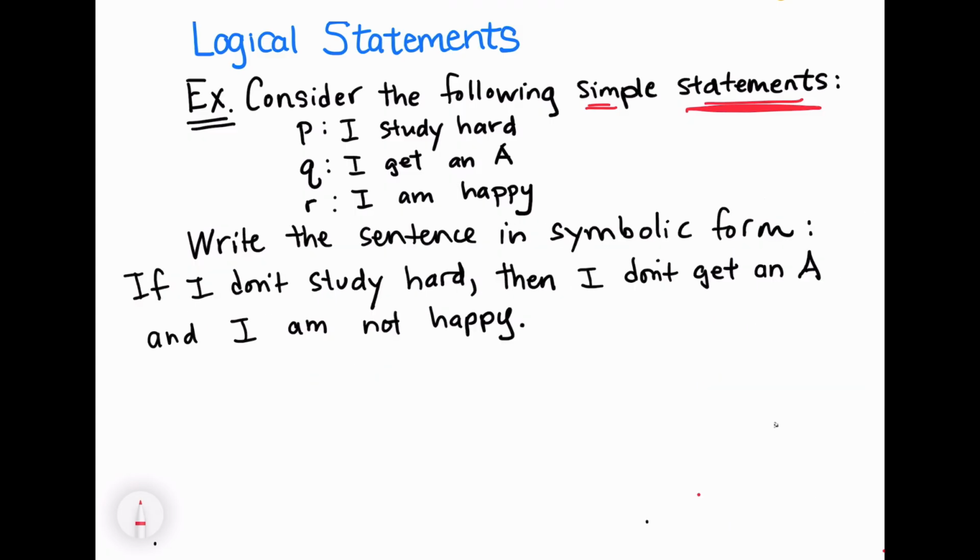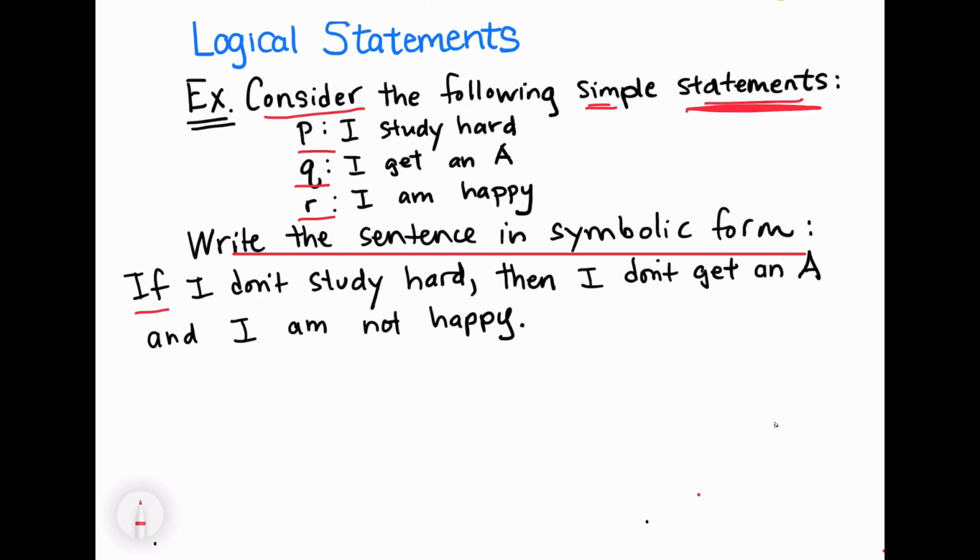So here's another example for you to work out. We have the same three statements, P, Q, and R, and we want to write the sentence in symbolic form. The sentence is, "If I don't study hard, then I don't get an A and I am not happy."